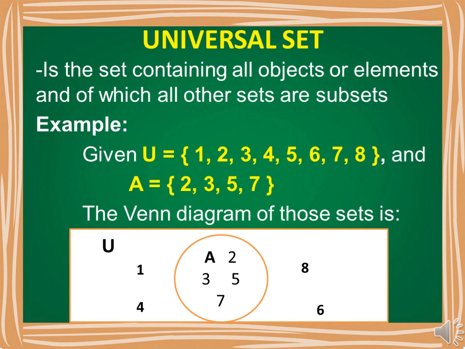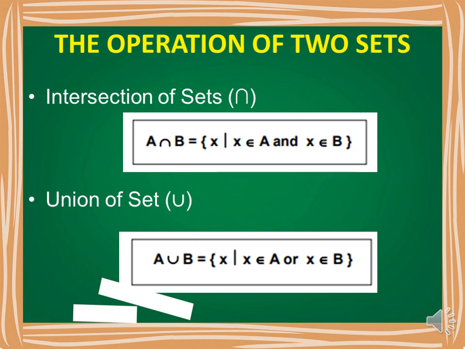This denotes that these elements 2, 3, 5, 7 are elements of A, and are also elements of the universal set U.